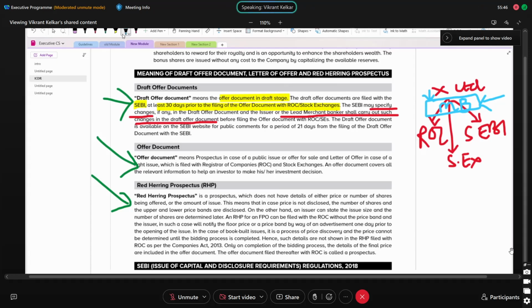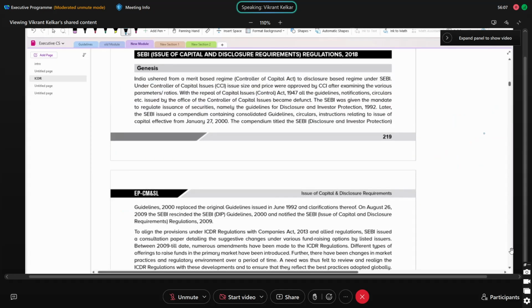So what is the line? The SEBI may specify the changes in the offer document, and the issuer and the lead merchant banker shall carry out such changes in the offer document before filing the offer with ROC and SC. So ROC and SC मतलब कौन? ये दूसरे लोग। ROC, Registrar of Companies and Stock Exchange. इससे पहले रेगुलेटर कौन बन गया?